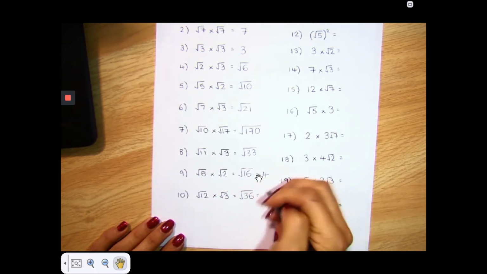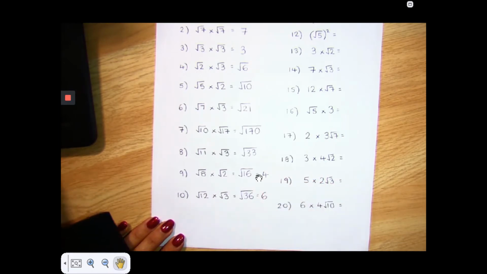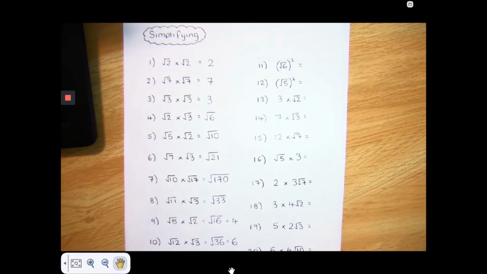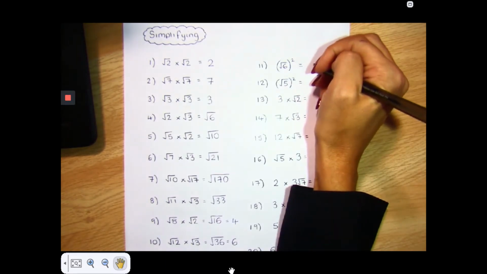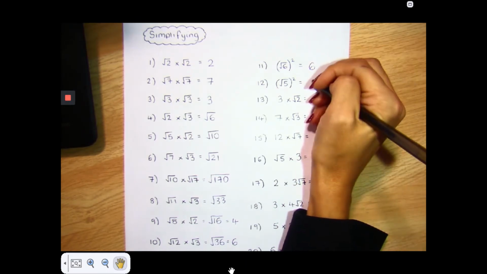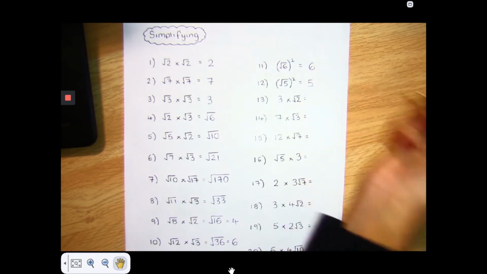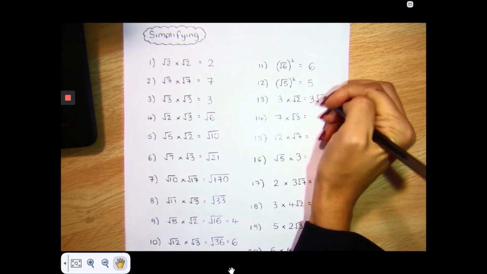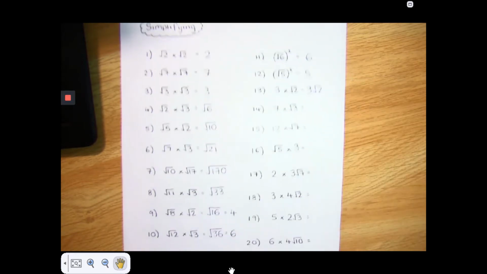Moving up to question 11. Root 6 squared means root 6 times root 6, and that's 6. Root 5 squared is just 5. 3 times root 2 is 3 root 2. 7 times root 3, 7 root 3. 12 times root 7 is 12 root 7.